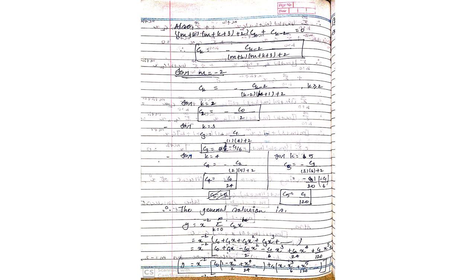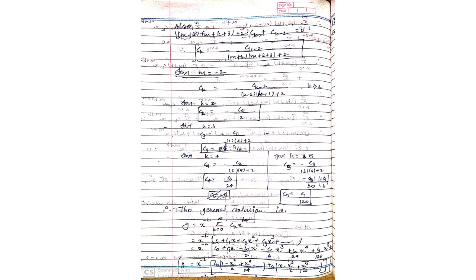Now c2, as you know, is minus c0 by 2 x squared as it is. C3, again, is minus c1 upon 6 into x cubed as it is. So putting in all these values and making a series, you will get two kinds of series. The first is for the constant c0 and the second is for the other constant, c1.